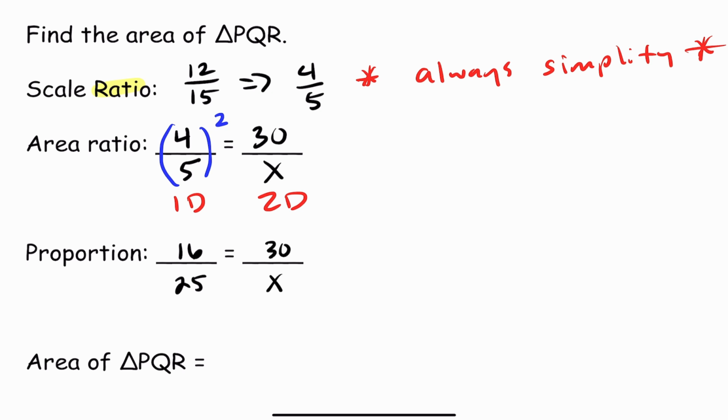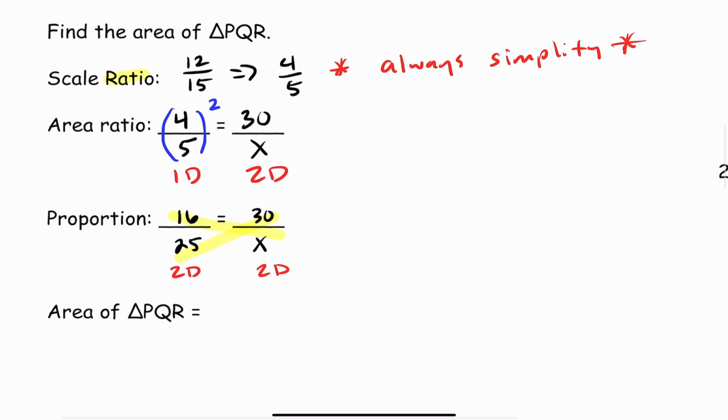So the 16 over 25 is 2D, and the 30 over x is also 2D, in terms of ratios, by the way. So now I have 16 over 25 equals 30 over x.